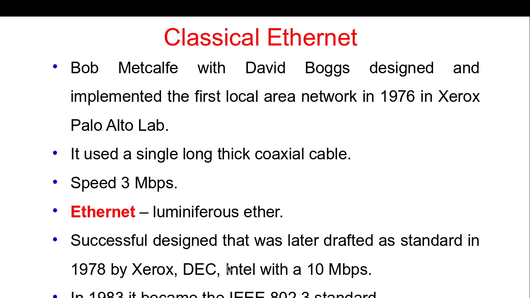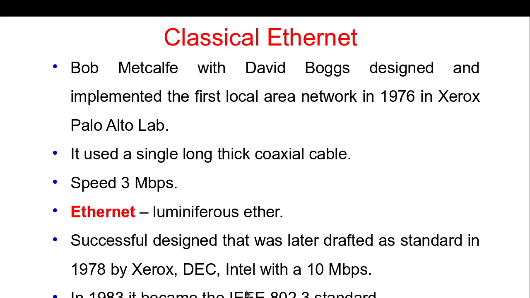Now it was successfully designed, so that the standard was also drafted by Xerox, DEC, and Intel with 10 Mbps in 1978. In 1983, it became the IEEE standard, IEEE 802.3.